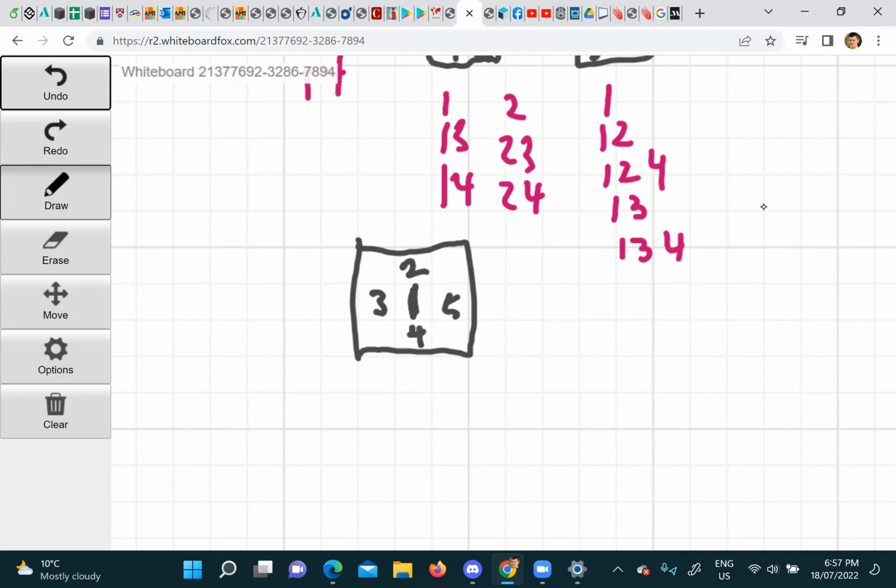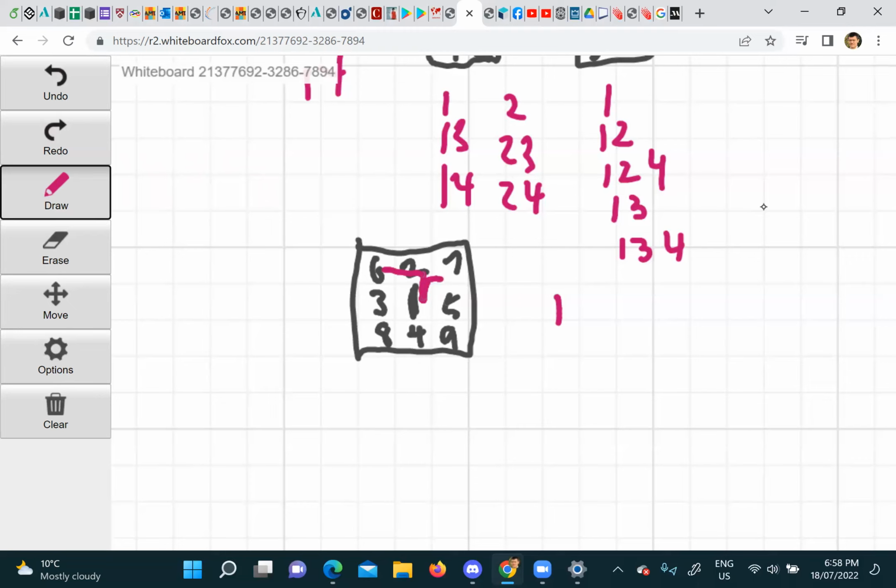4 and 5, yeah. Okay. It could start at 1, and it can only start at 1. Okay, it's the only value. So then it could go 1, 2, 6, 1, 2, 7.